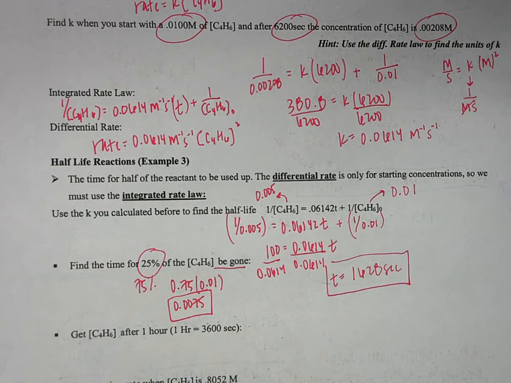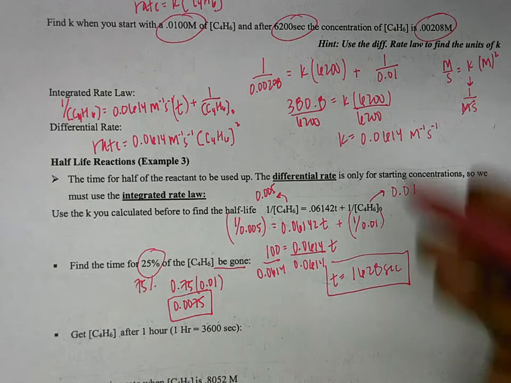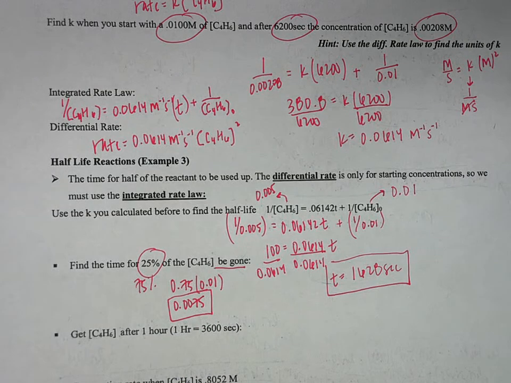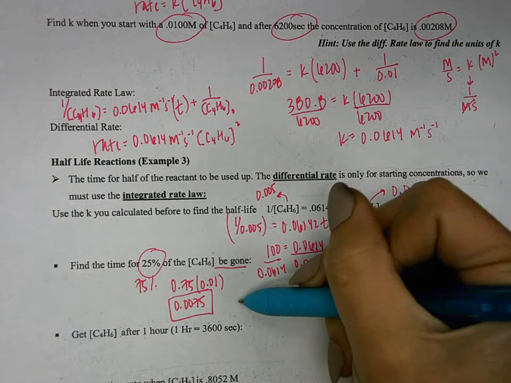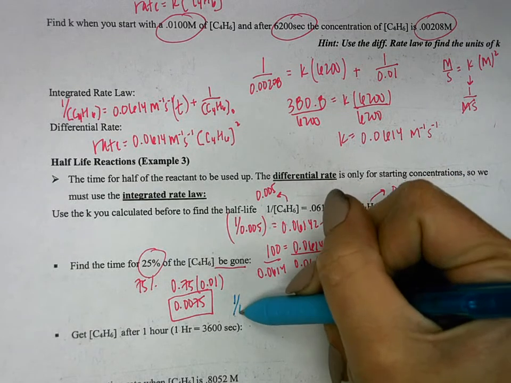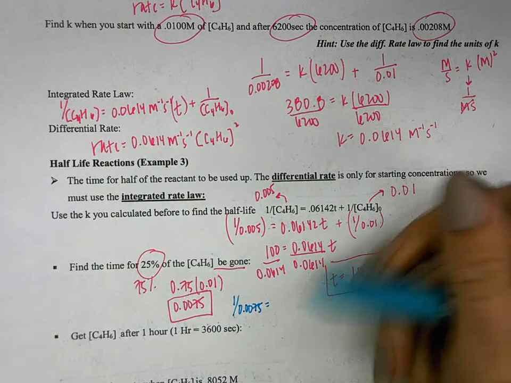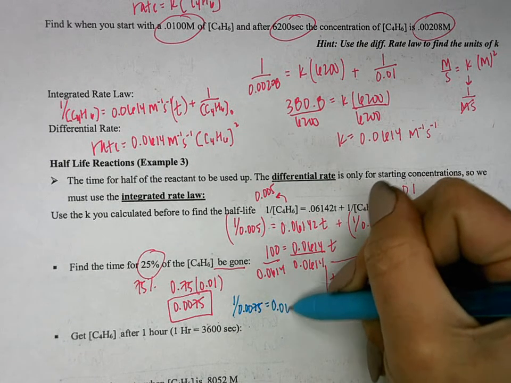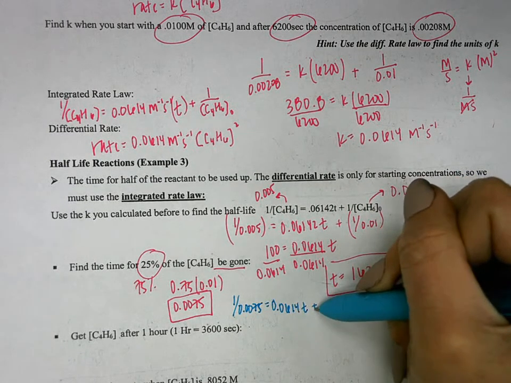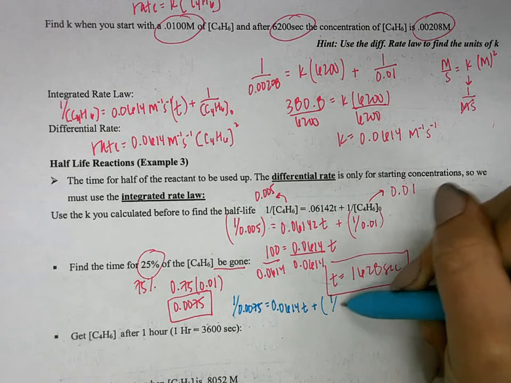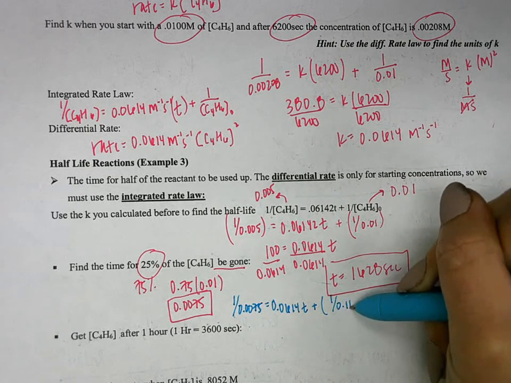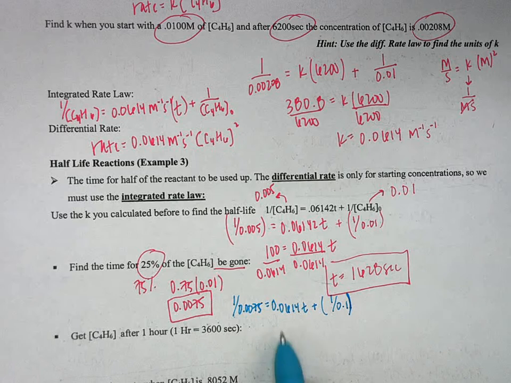Okay, so we'd plug in, and I'm going to change colors so we can see where we're at. 1 over 0.0075 equals 0.0614 times time plus 1 over 0.01, and we'd find our time there.